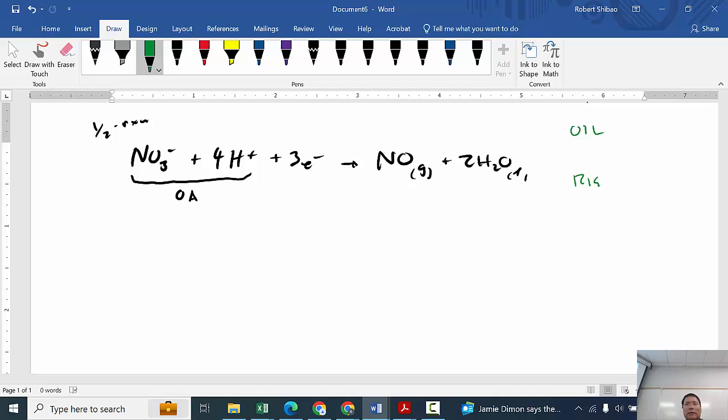Does anybody know? Oil stands for oxidation is loss of electrons. Rig stands for reduction is gain. So we have oil rig. And so this is called the reduction half reaction.